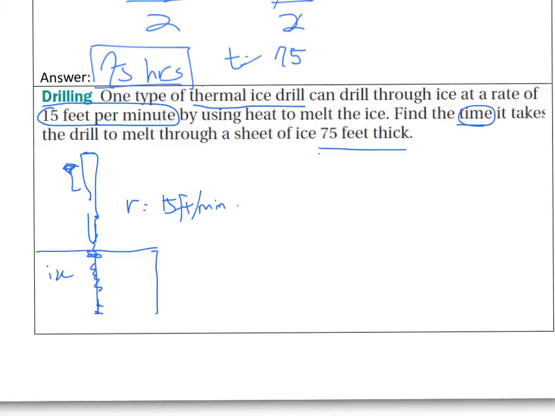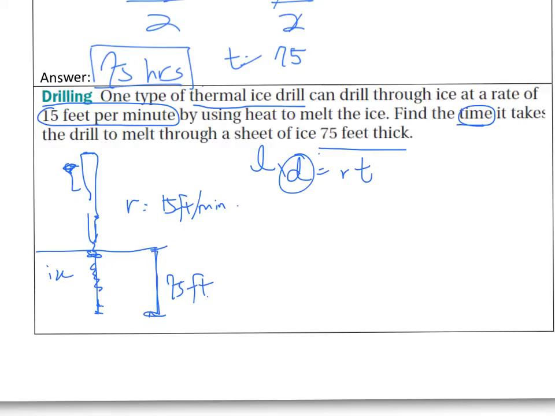So 75 represents our length here. You can again use distance equals rate times time, but distance here is more like length, or how deep.